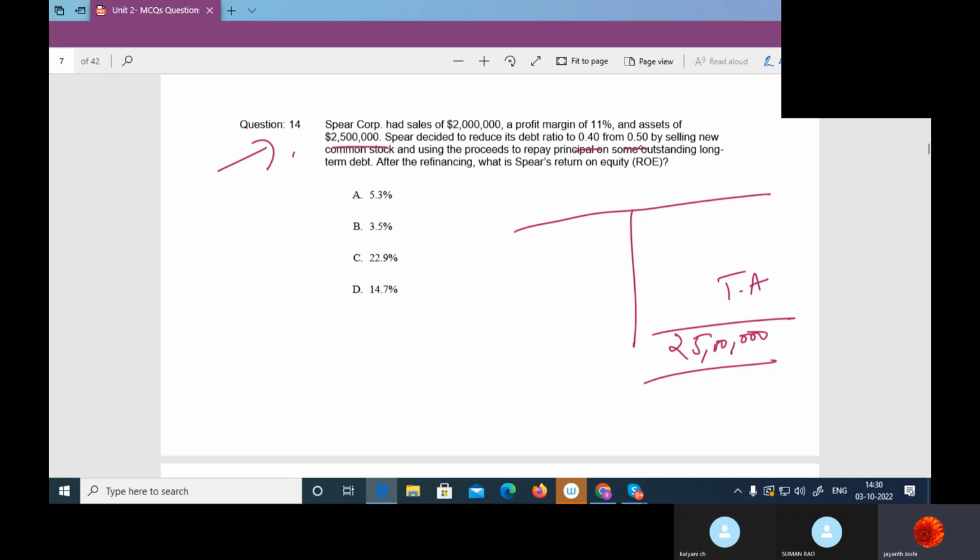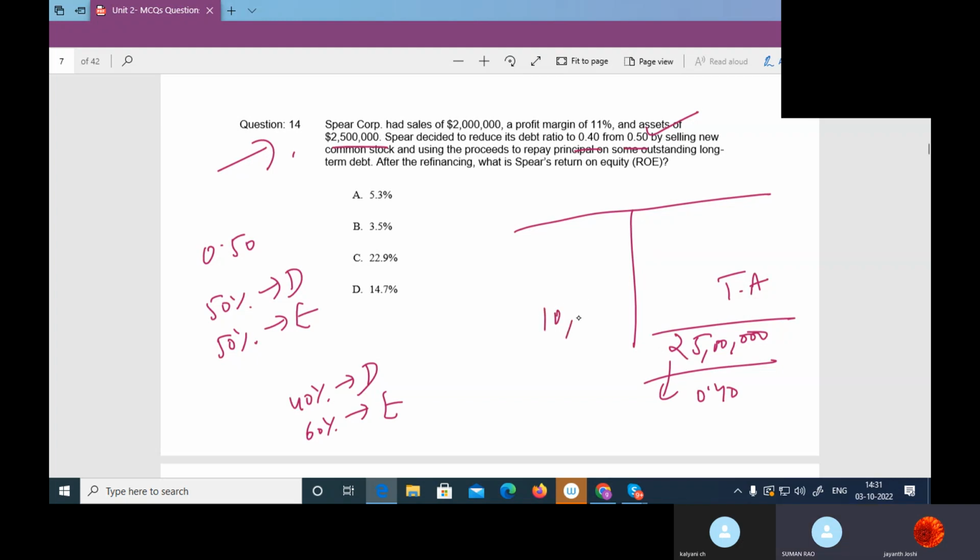Previously the debt ratio was 0.50, that means 50% debt, 50% equity. Now it is 40% debt, 60% equity. So what is 40% of this? I think 10 lakhs, correct?